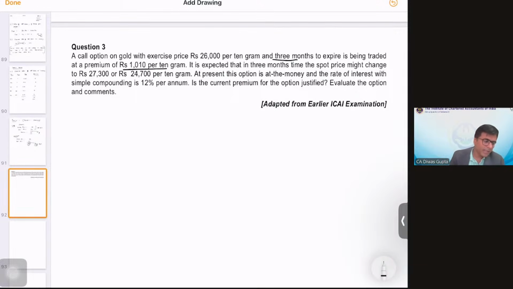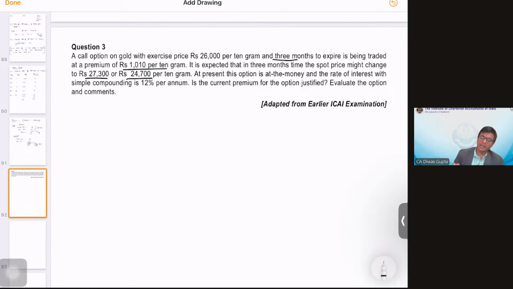It is expected that in 3 months' time, the spot price might change to rupees 27,300 or 24,700 per 10 grams. So there are two possibilities. One, the price is going up to 27,300, or the second, the price is going down to 24,700.